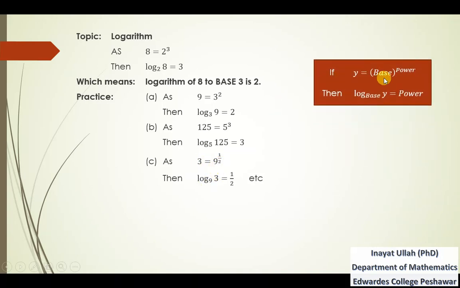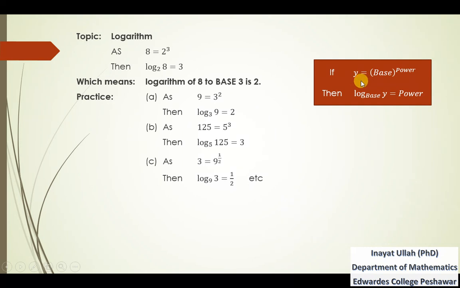So that is the total definition, that whenever we want to write this exponential form in the form of log, we will be writing log on this side and write the base of log that side, and leave the power on the right hand side.